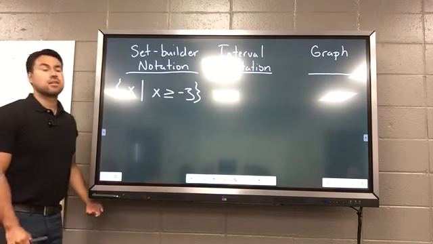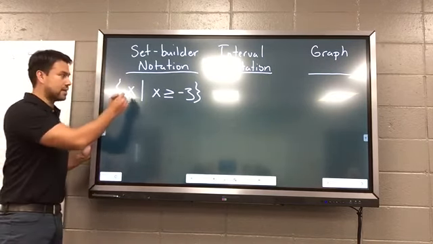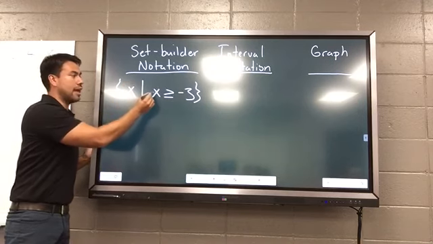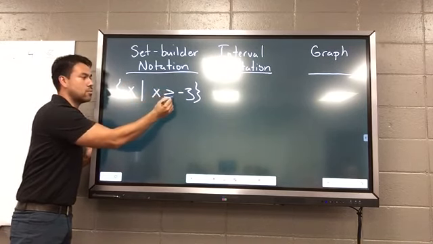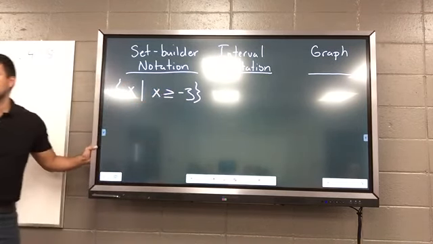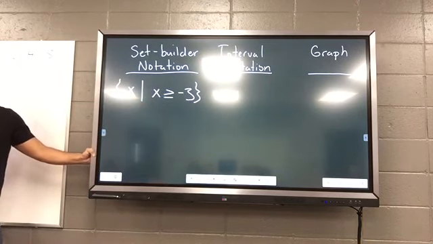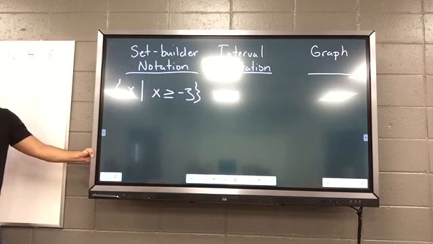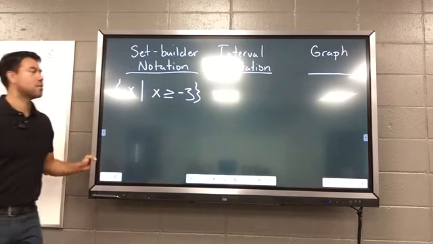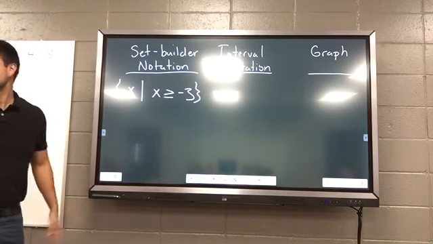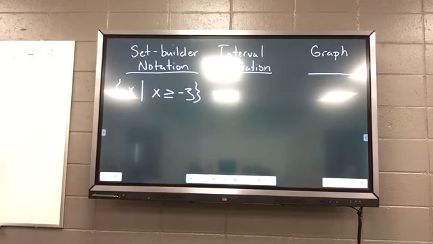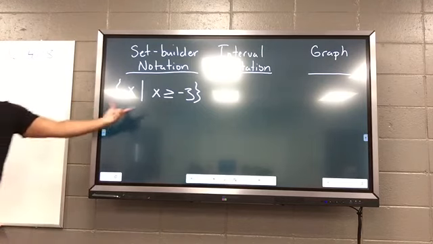X is greater than or equal to negative 3. Emma Grace, read that for me. X is any number such that X is greater than or equal to negative 3. Okay. John? Couldn't you just write it as X is greater than or equal to negative 3? Yes, you can write it just like this.